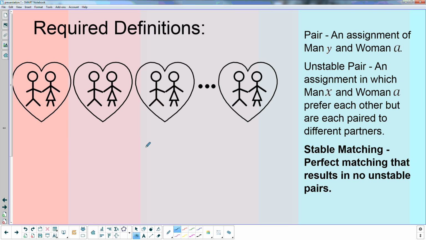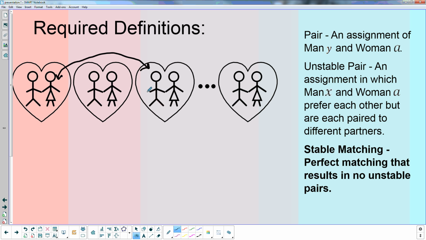If we can avoid all unstable pairs, we have what we define as a stable matching. A stable matching is a perfect matching that results in no unstable pairs. So none of these women prefer a man in another matching at the same time as that man prefers her over his current mate.